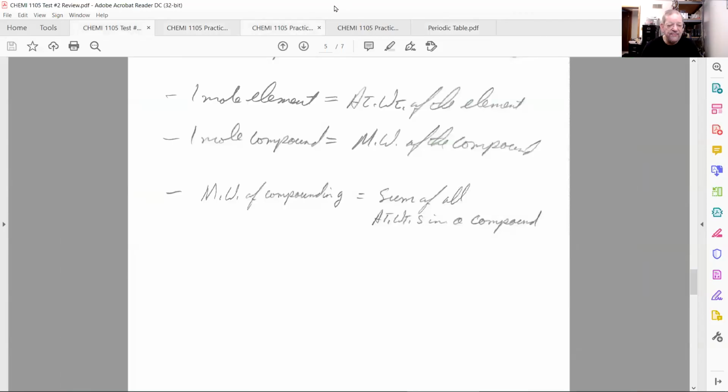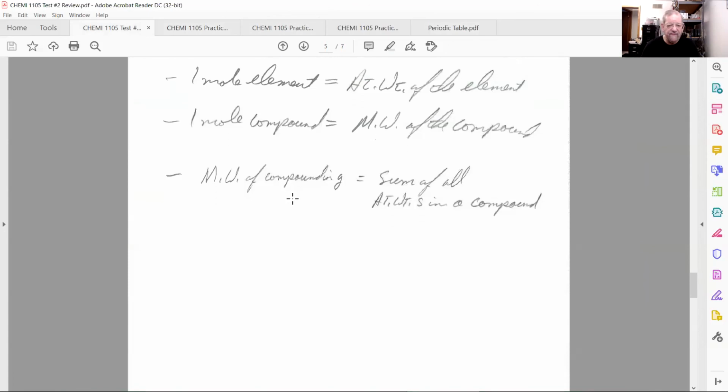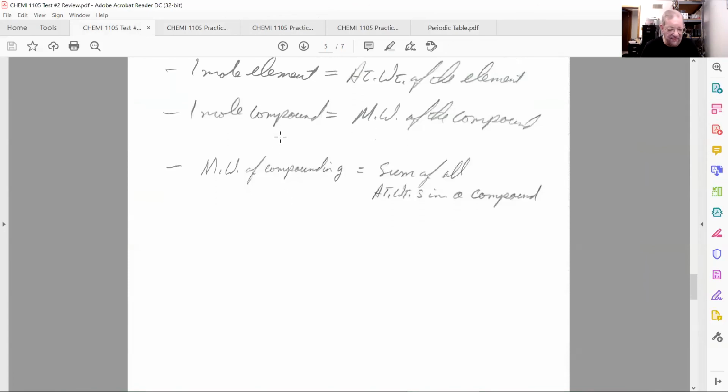Let's get going. All right. We've just gone through molecular weight. And remember, 1 mole of a compound equals its molecular weight of that compound.